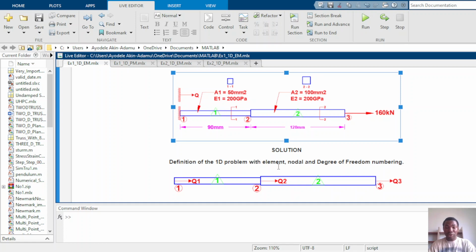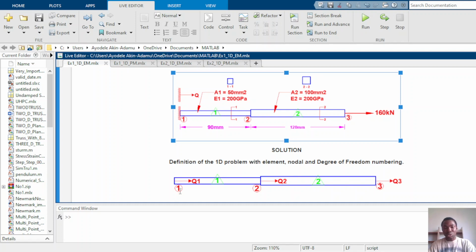Since we are using two finite elements, our finite structural model will have two parts: the part between node 1 and node 2, and the part between node 2 and node 3. So we have two linear finite elements denoted by the numbering in the green triangle, number 1 and number 2.